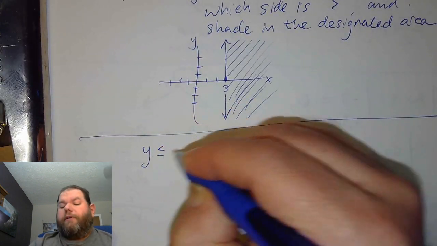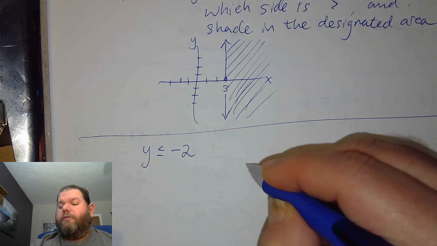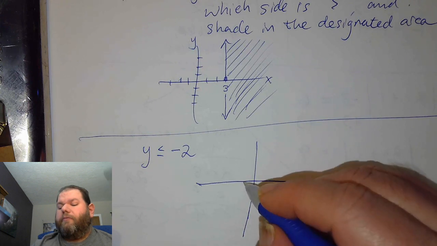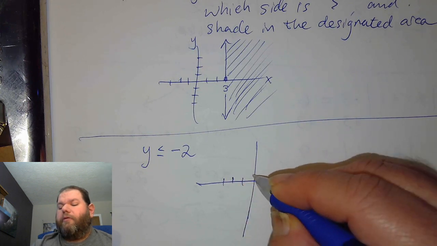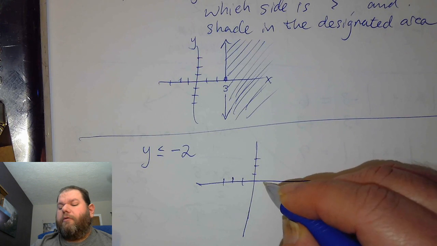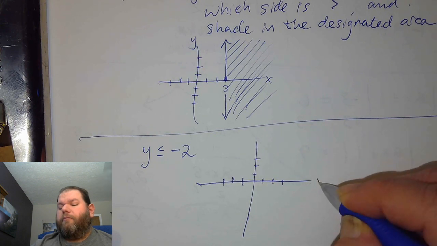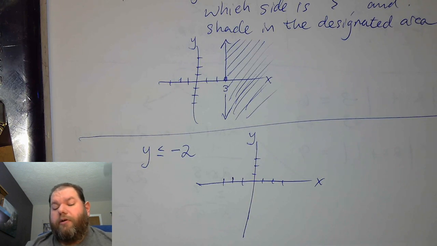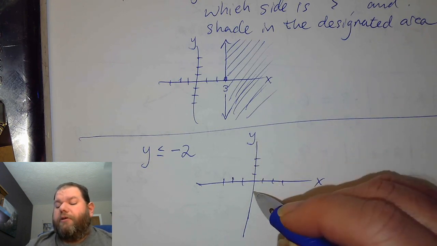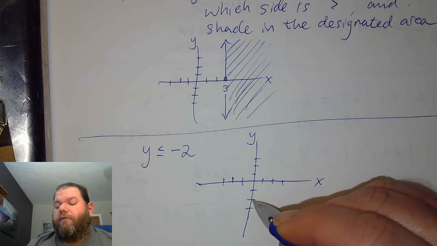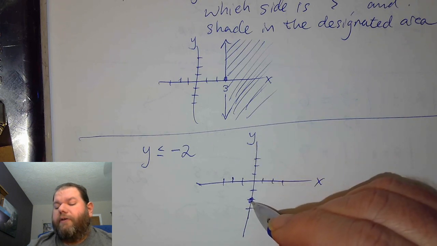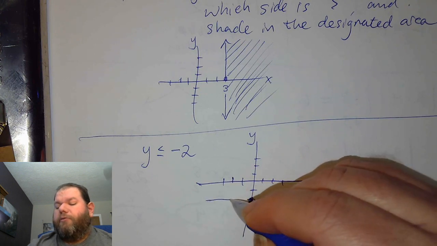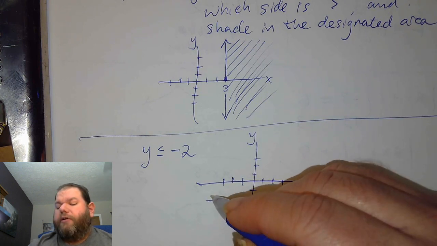So if we said y is less than or equal to negative 2, it's really the same approach as what we did before, except because y is negative 2, that means we find negative 2 on the y-axis. So negative 2 is right here. And then we draw our line horizontally.